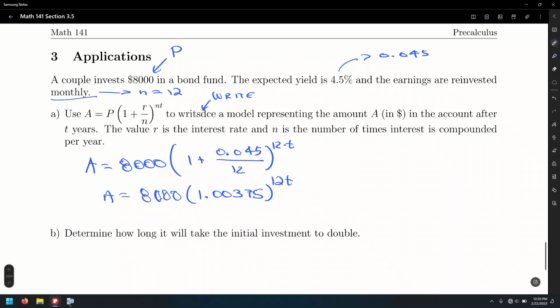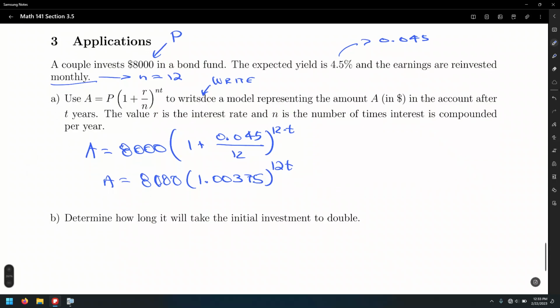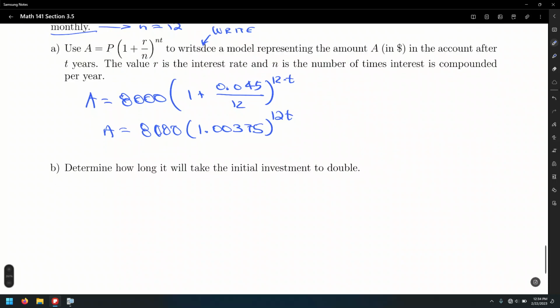So watch it when you're making investments. Make sure those percentages represent growth and not decay, because otherwise they will take your money instead of giving you money. So now the question is how long it will take the initial investment to double.